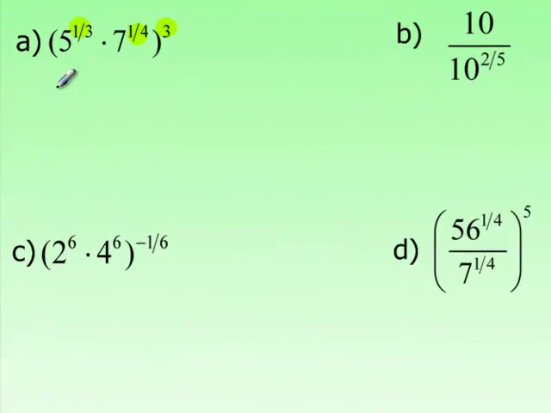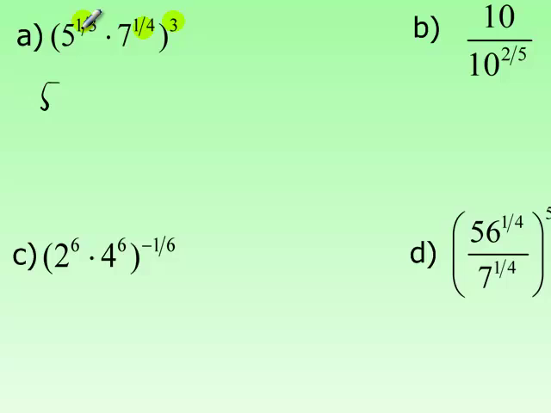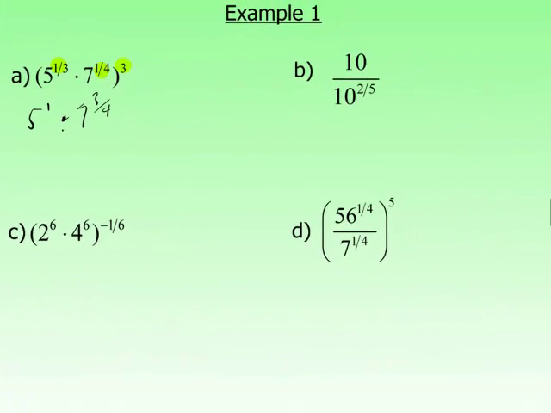So this is going to give me 5, and then 3 times 1/3 is just 1. Okay, 5 to the first power, or just 5. And then I'm going to multiply 3 with 1/4, so that's easy to do. That's going to give me, so times 7, and then to the 3/4 power, like so. And really that's all I can do. These are not like terms, but I would not include the first power here. That's assumed. So, I would box that answer in.